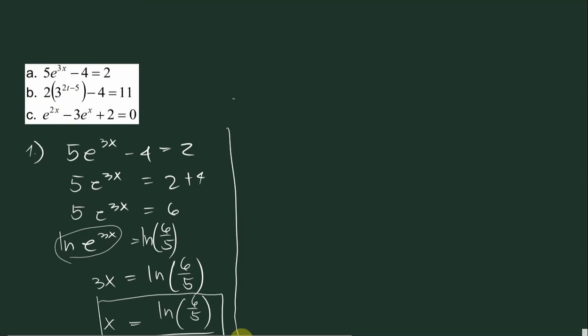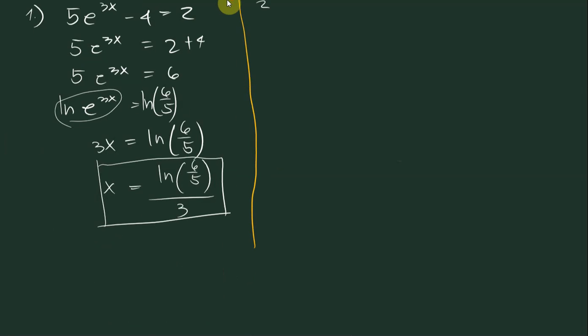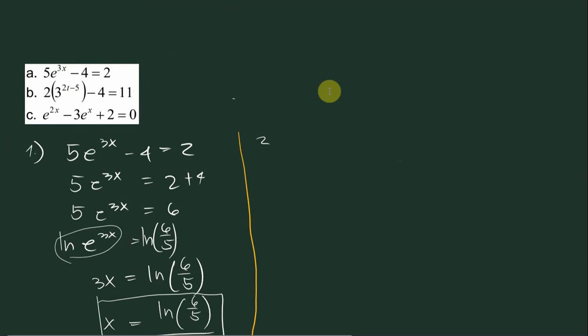Okay, so let us now answer the second one. You have here 2 multiplied by 3 raised to 2t minus 5, minus 4 equals 11.